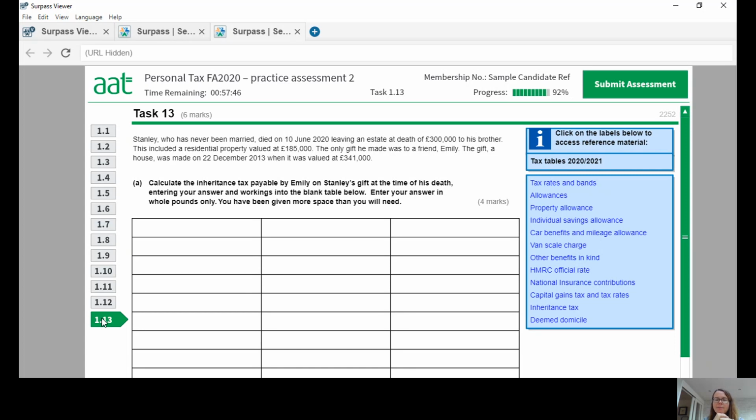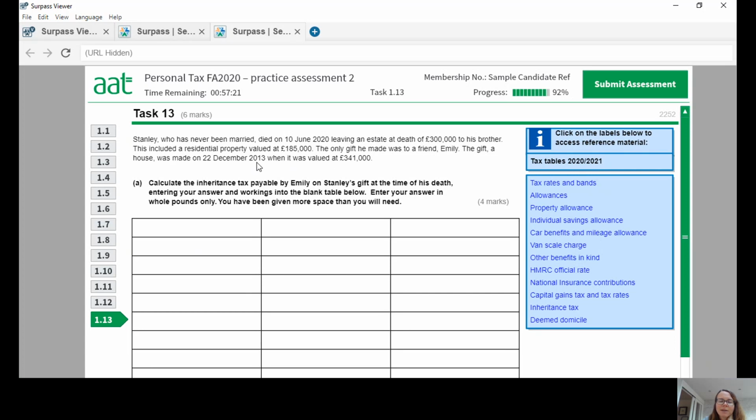The only gift he made was to a friend, Emily. The gift, a house, crikey, was made on the 22nd of December 13, when it was valued at 341,000. That would have been a potentially exempt transfer. It wasn't into a trust.